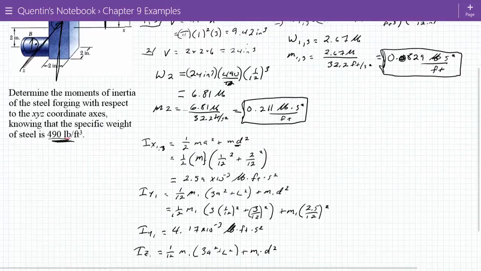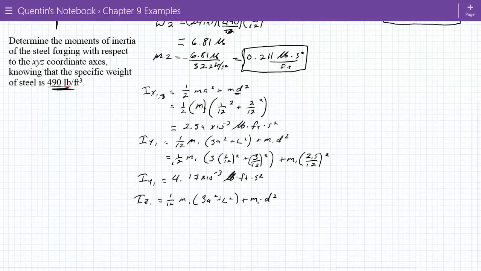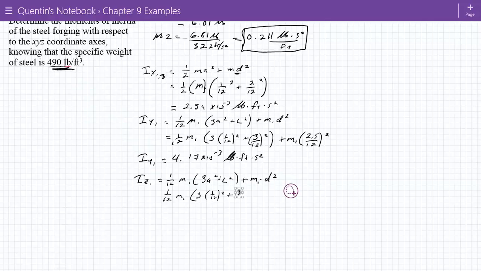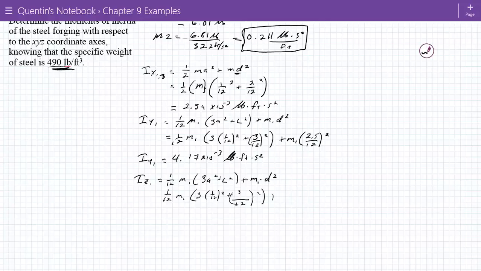Now, just for clarity's sake, let's think about what this is. Let's put in these numbers. So we're talking about 1/12 m1, 3 times 1/12 squared plus the length is, what is it, 3 or 2? The length is 3, 3/12 squared, plus m1 times the distance.